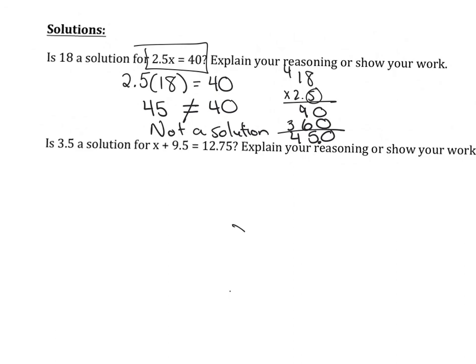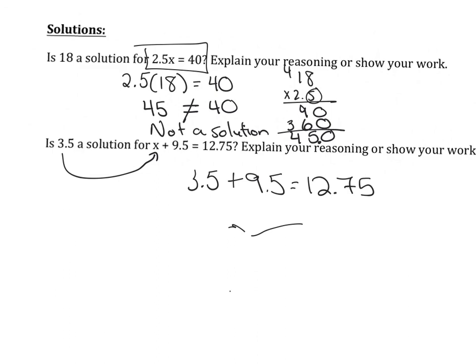Okay, in this next one, we are going to plug 3 and 5/10 in for x in this equation. If I add these two, I notice that I'm going to get 13 equals 12 and 75/100. And I know this is not true, so this is not a solution.